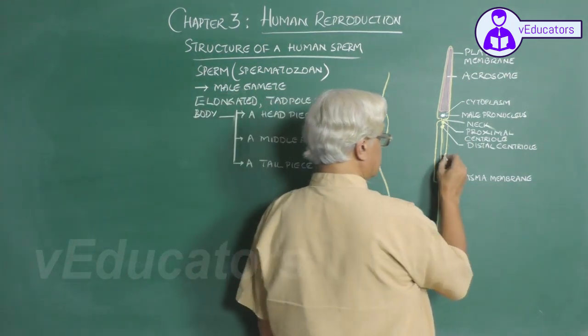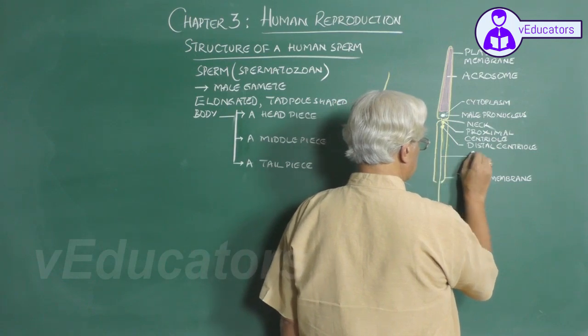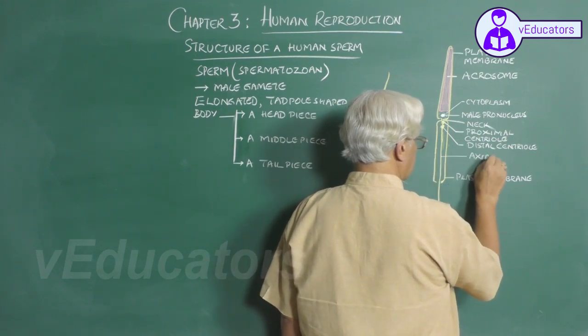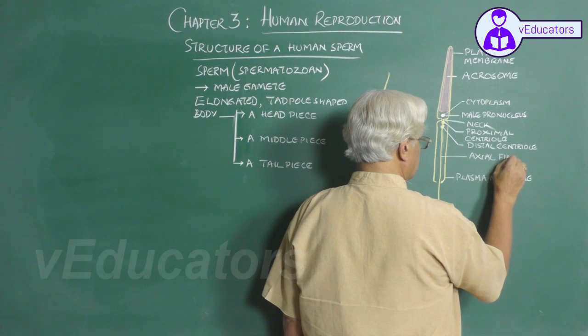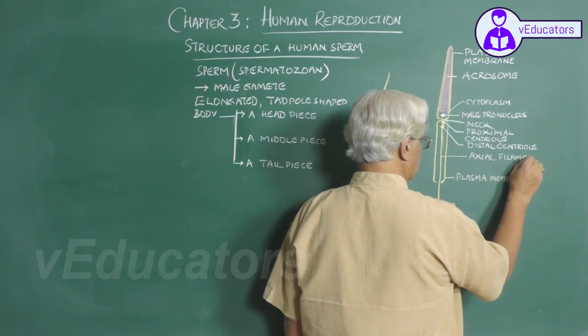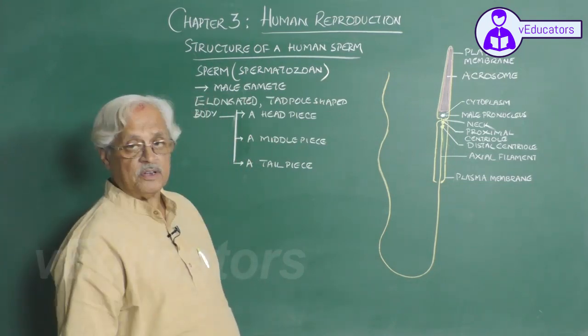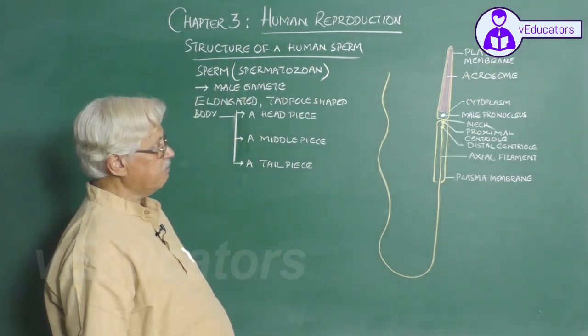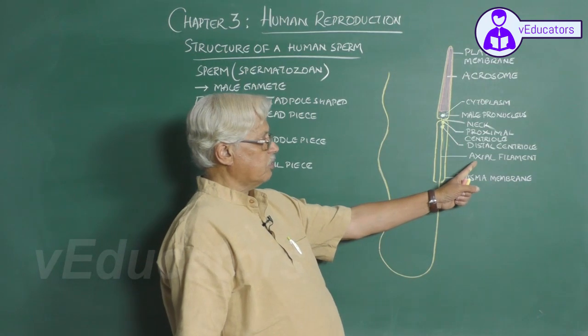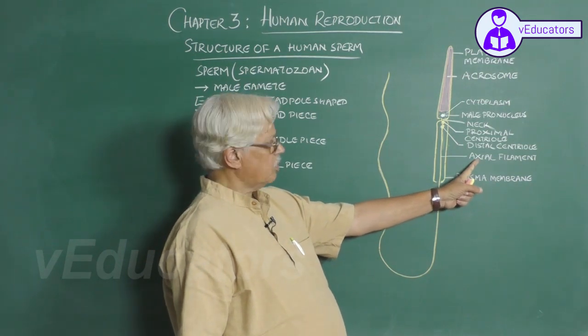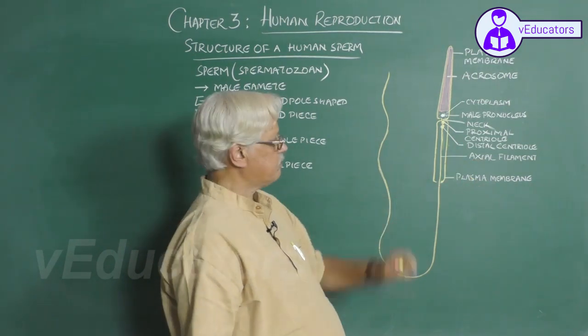This thread-like structure is called axial filament. It forms the locomotor structure of the sperm.